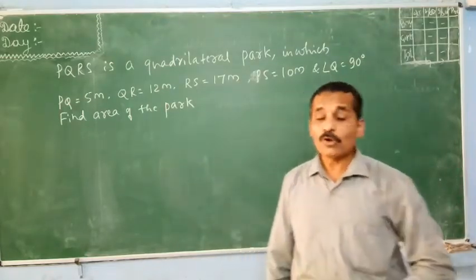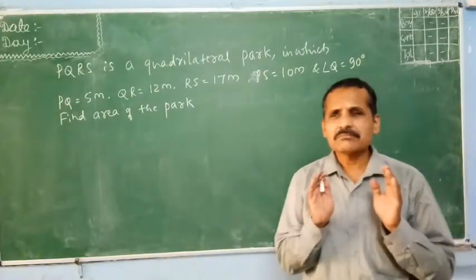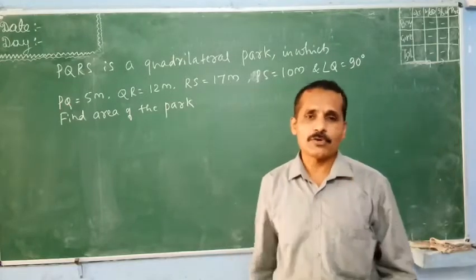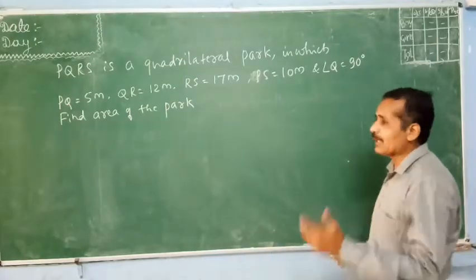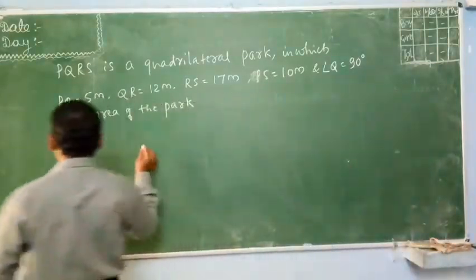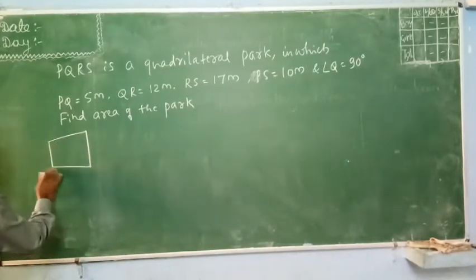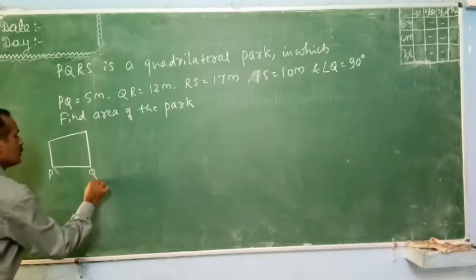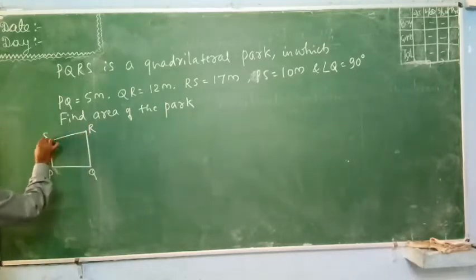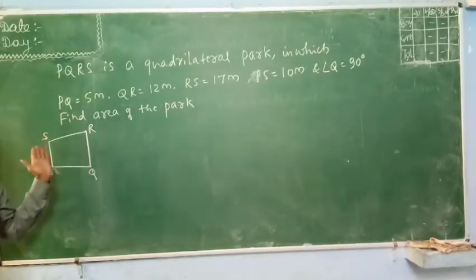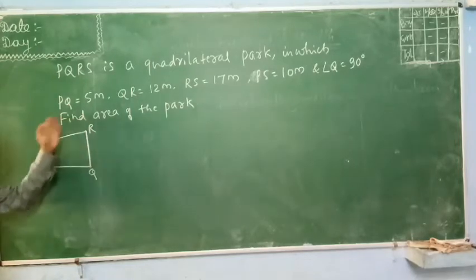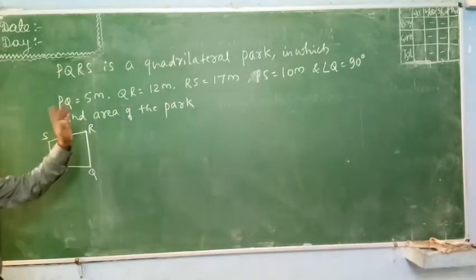To solve this problem, what we will do? Let us draw a rough figure. That will be helpful for you. P, Q, R, S. You know that the naming should always be given either in the clockwise direction or in the anti-clockwise direction. What are the given things?